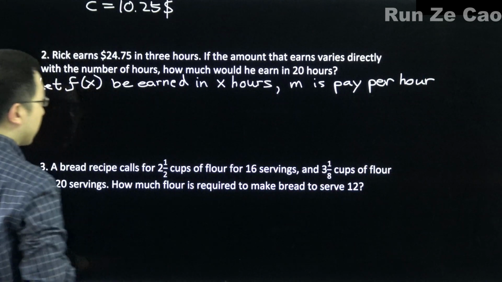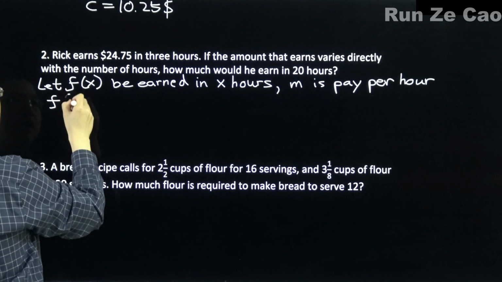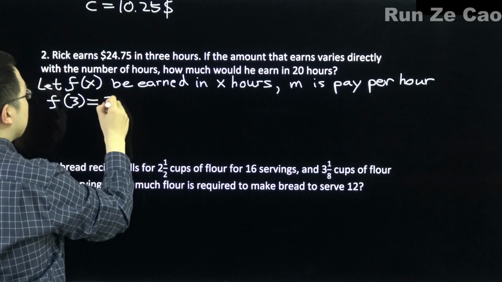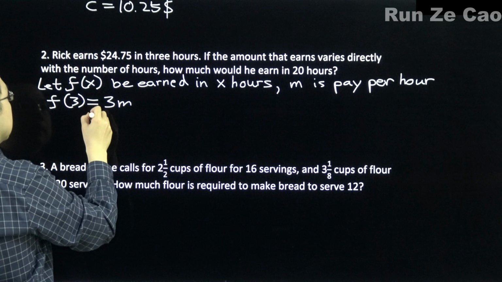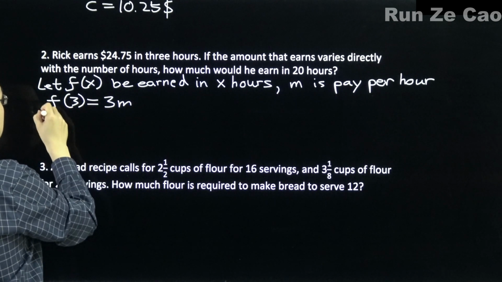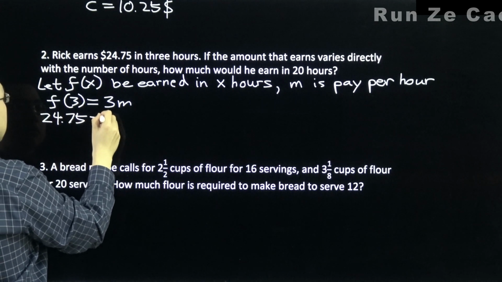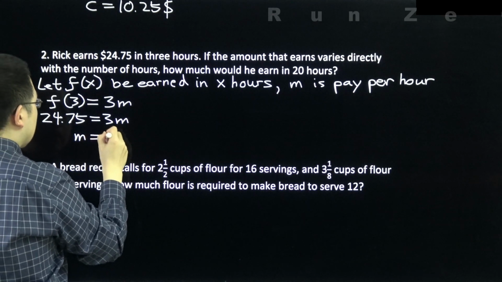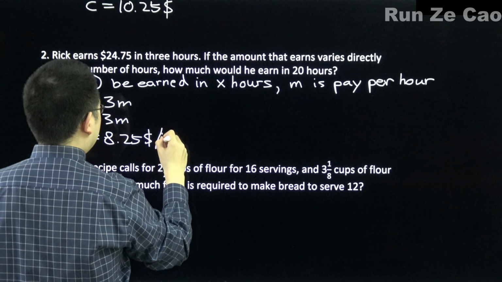This means that f of 3 is equal to 3m, and that's 24.75 equals 3m. So m equals $8.25 per hour.